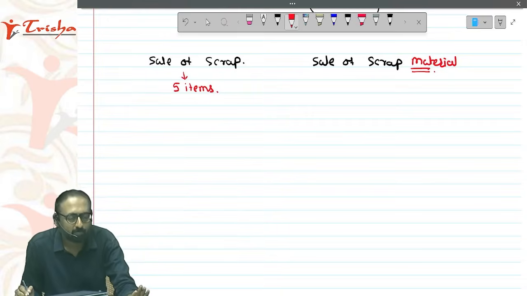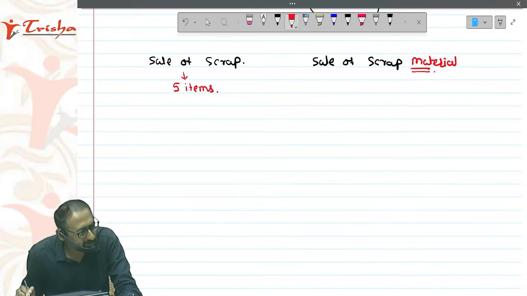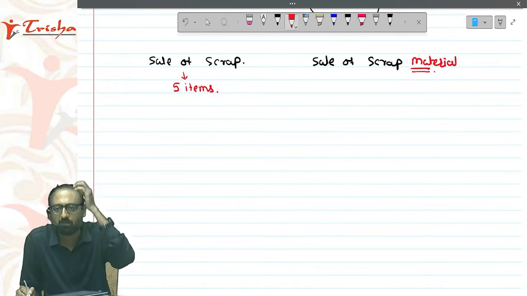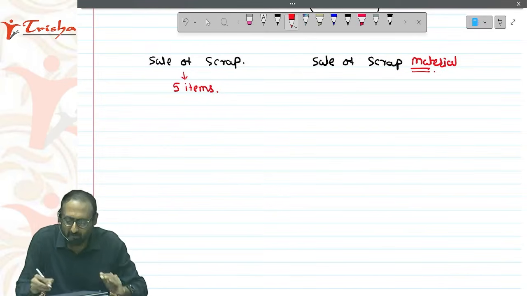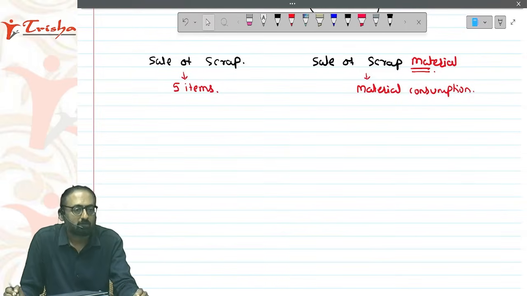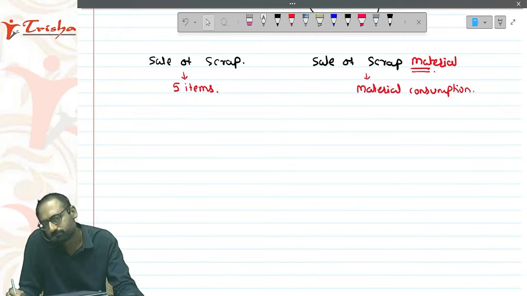Is it clear? But if in a question it is specifically written sale of scrap of material, then this will be adjusted in material consumption. What are the adjustments in material consumption?